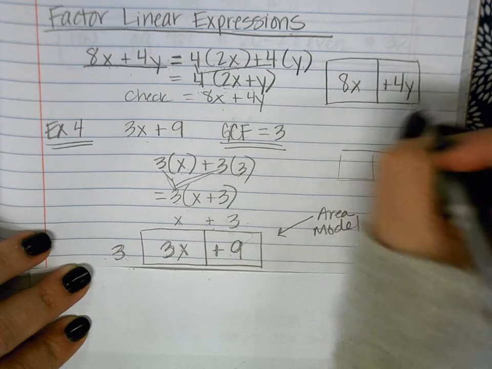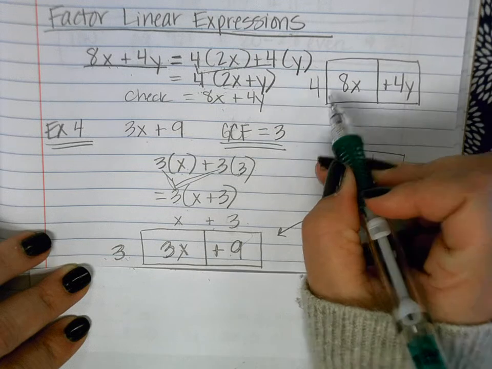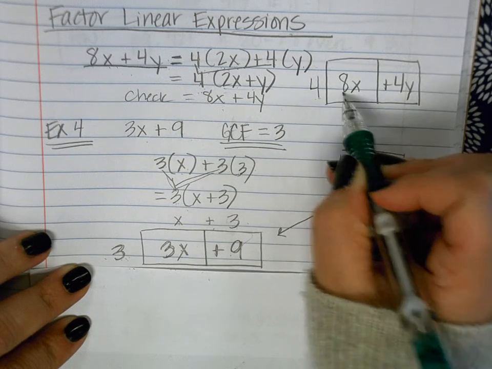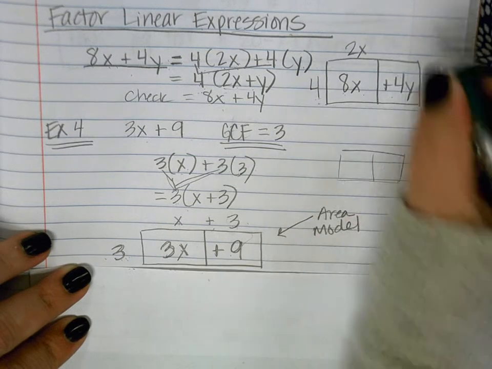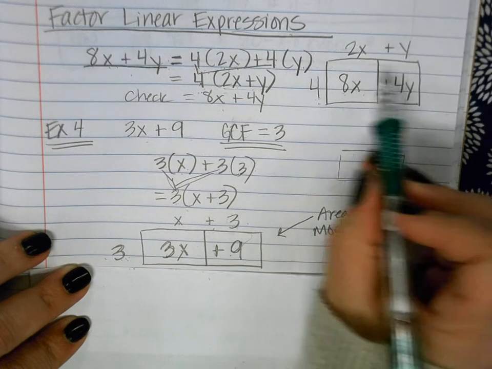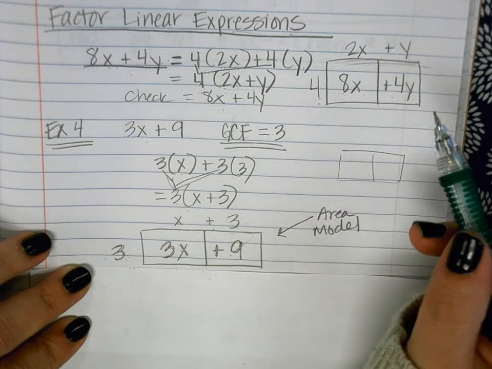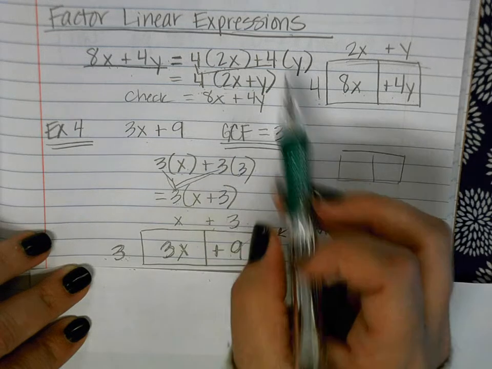We said the GCF was 4. So to go from 4 to 8x, we multiply by 2x, right? To go from 4 to 4y, we multiply by y. And do you see we have that now, the 2x plus y? Okay? So some people like that better. I like the parentheses because it's easy just to put them back together.